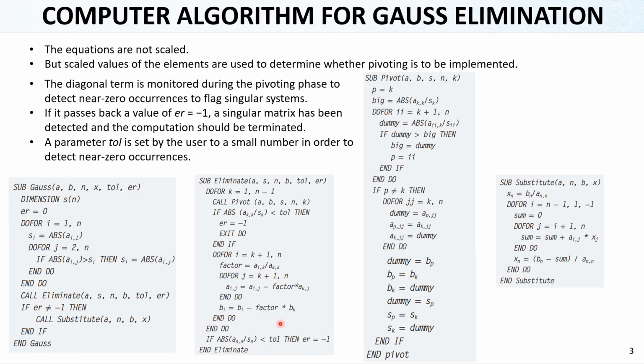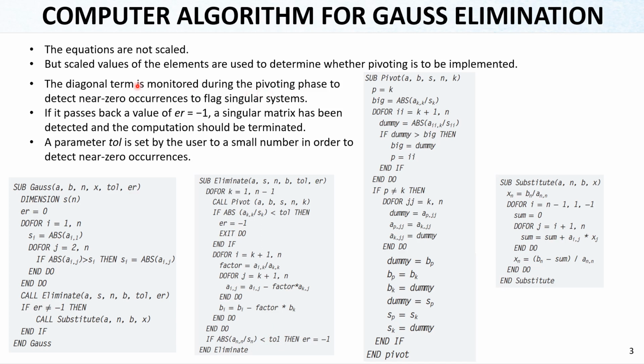And we have a tolerance here. If the division is smaller than the tolerance, then there will be an error which gives us a singular matrix, meaning that there is a singular system and it's a problem. So if the division is smaller than a tolerance value, which is very close to zero, we have a division by near zero, and that's a problem.